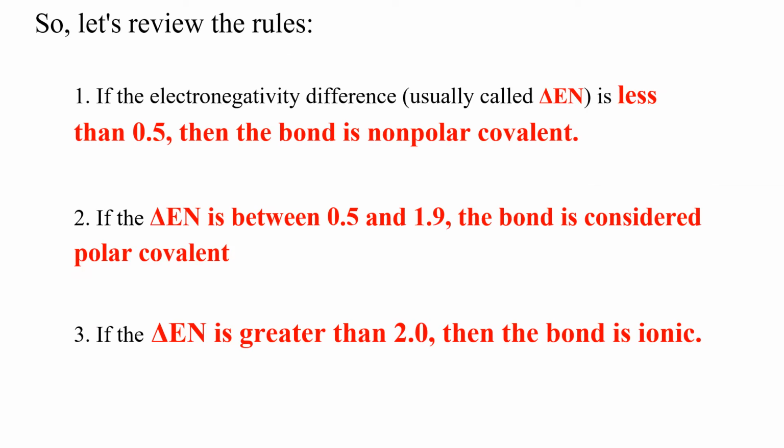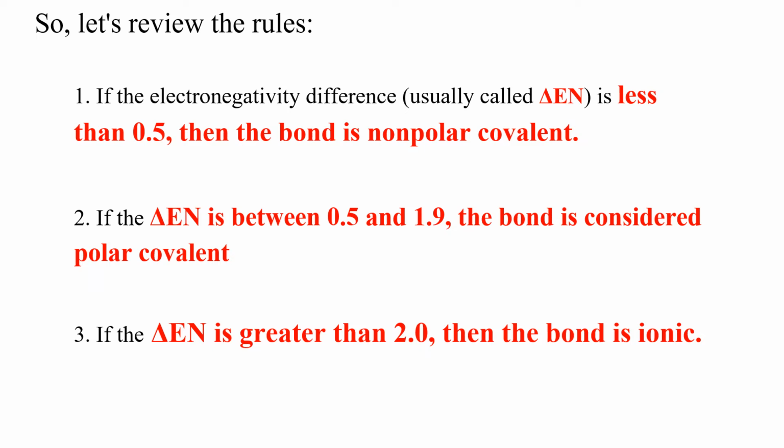So let us review the rules. If the difference again is less than 0.5, then the bond is nonpolar covalent. Again, how do we characterize nonpolar covalent? There is equal sharing of electrons.